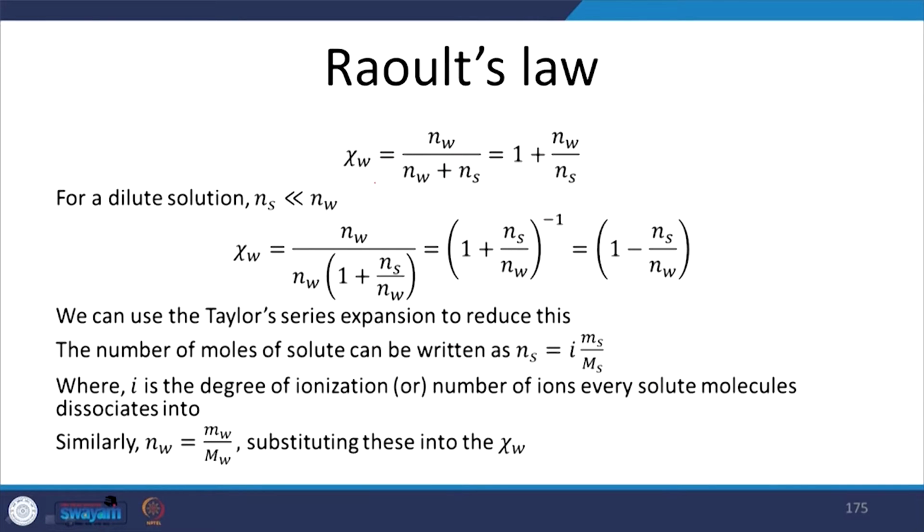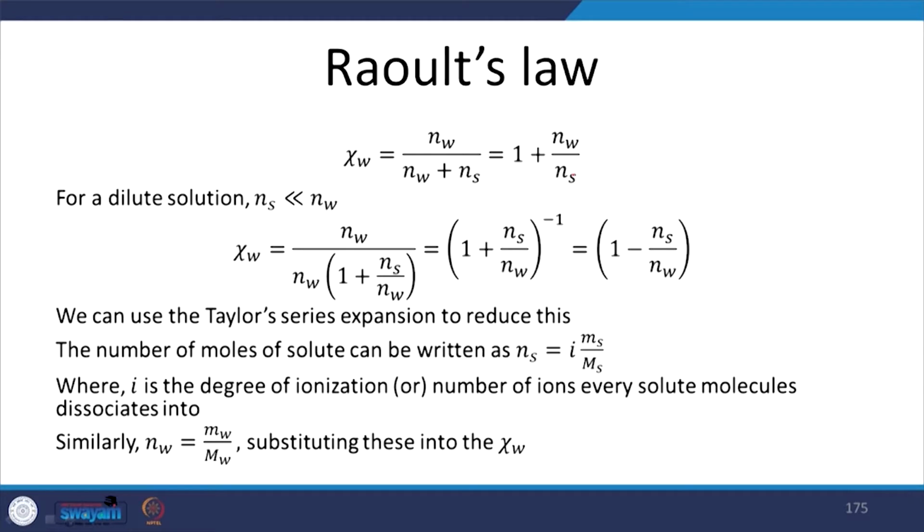Here we have approximated the molar fraction NW by NW plus NS as 1 plus NS by NW. Now, let us say we take a very dilute solution where the number of moles of solute is very, very small in comparison to the number of moles of water.